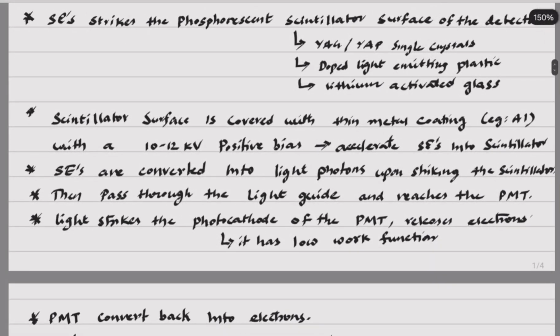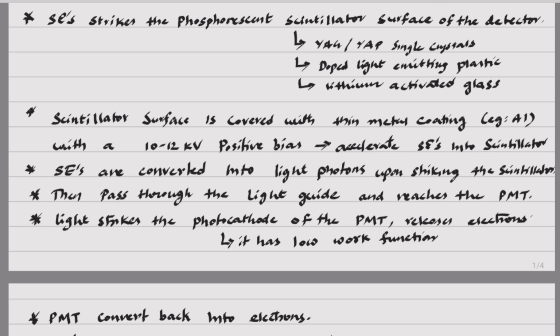This scintillator surface is covered with a thin metal coating, for example aluminum. Aluminum is most commonly used on the surface of the scintillator. It conducts, with a positive bias of about 10 to 12 kilovolts applied, so that whatever secondary electrons come from the sample are accelerated towards the scintillator.